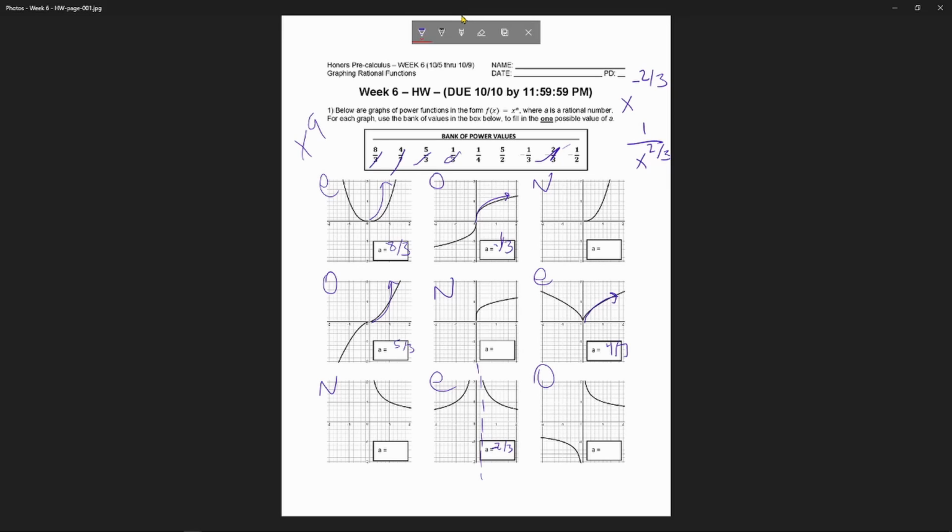Well, this one's actually another one of those inverse functions. So this would be written as x to the negative 1/3, which is actually 1 over x to the 1/3. So it is going to be this function here.